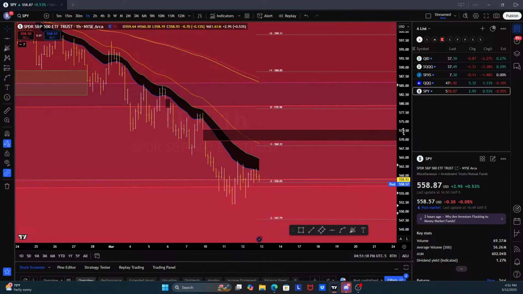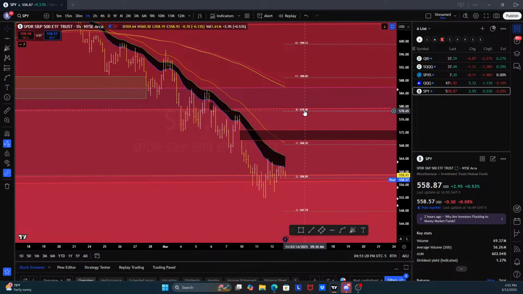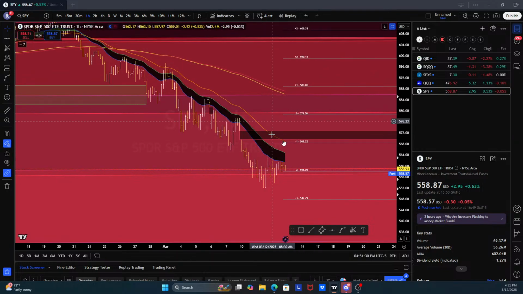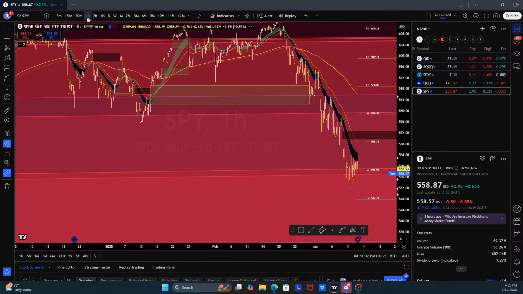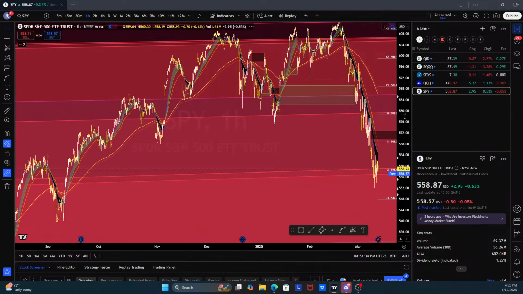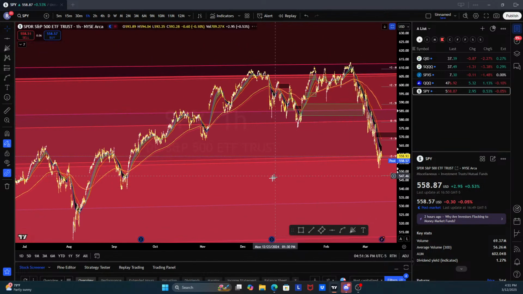All right, so when I have these big gap levels like this, so this is 558, 559, and then this is 579. When you have these big levels like this, you're scanning out, and what I'm doing is looking for previous up and down levels.